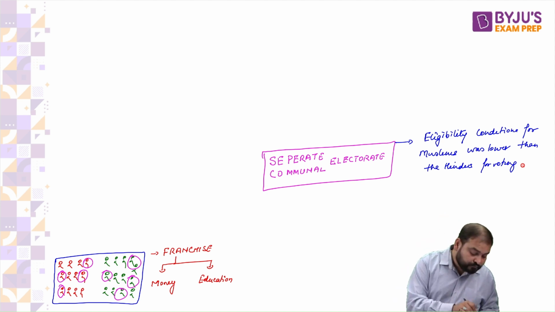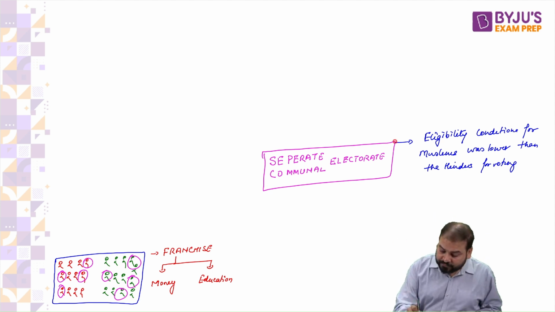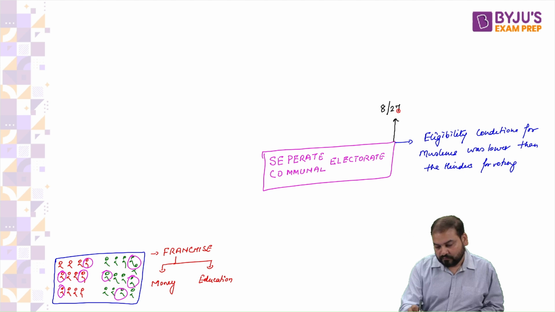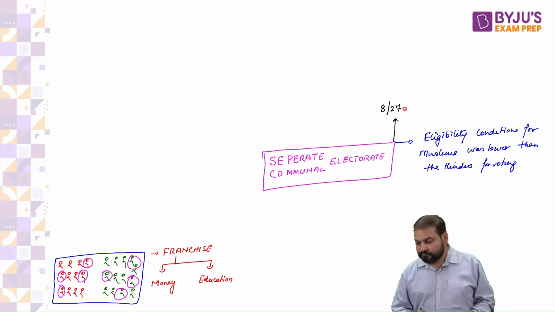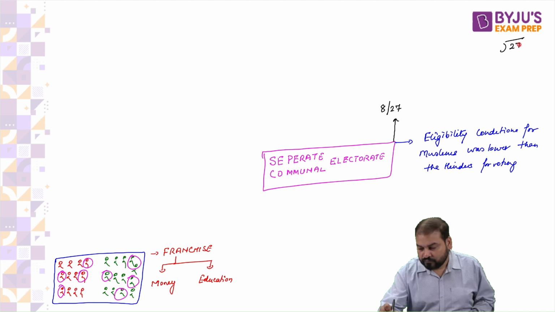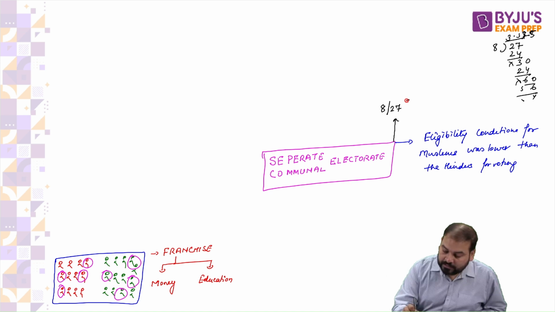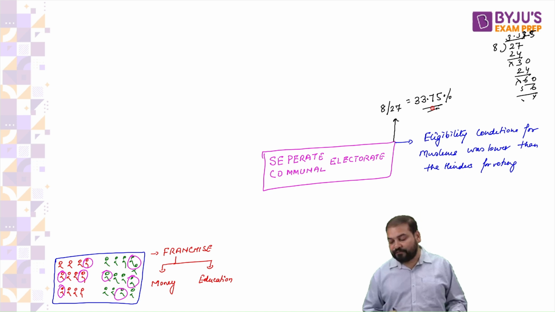Number two, how many seats were reserved for Muslims? That means 33.75% seats were reserved for Muslims.